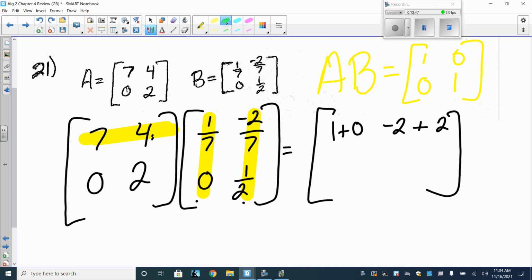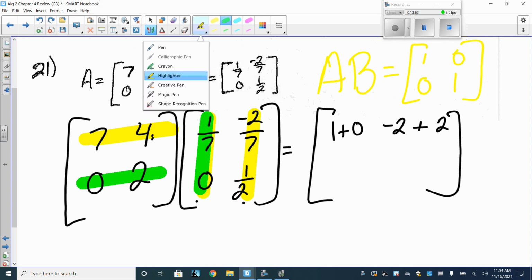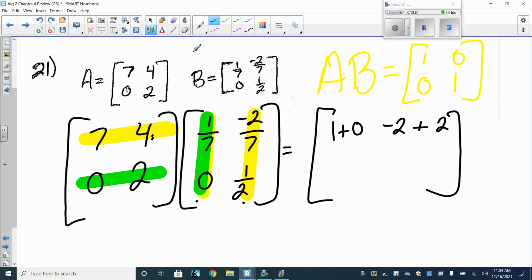The bottom row will go over and down. Well, 0 times 1/7 is 0. 2 times 0 is plus 0. It's looking good. Then the last one will have 0 times negative 2/7, which is 0. 2 times 1/2 is plus 1.